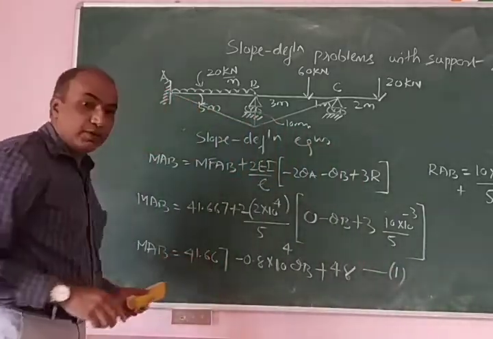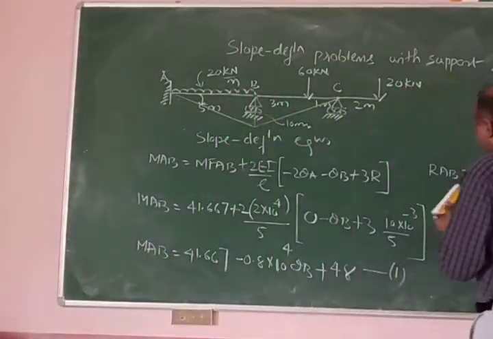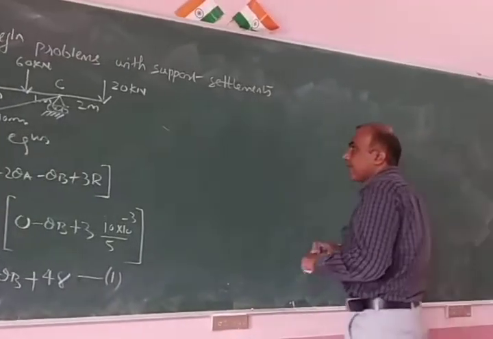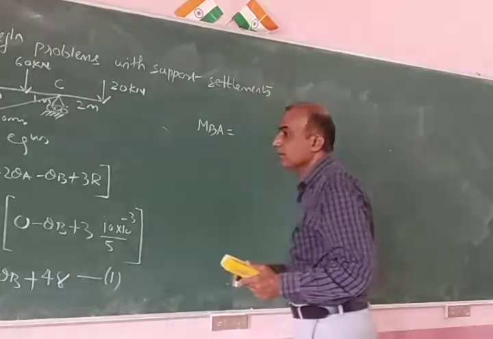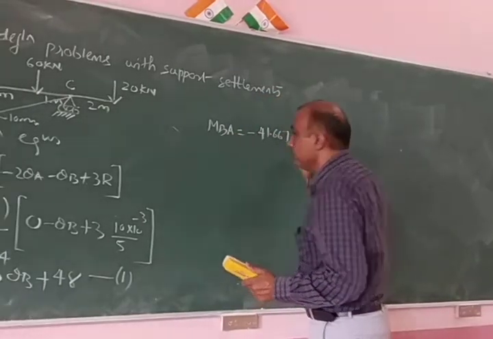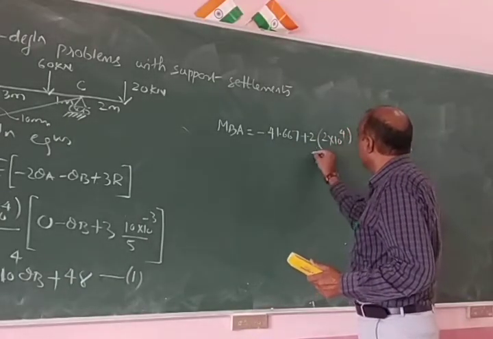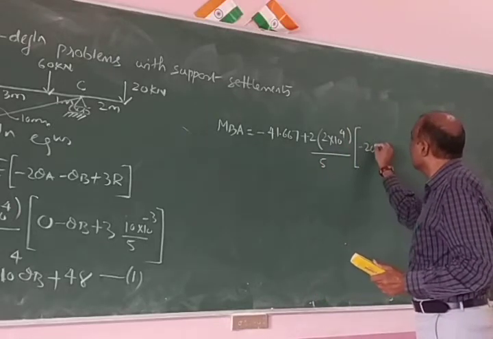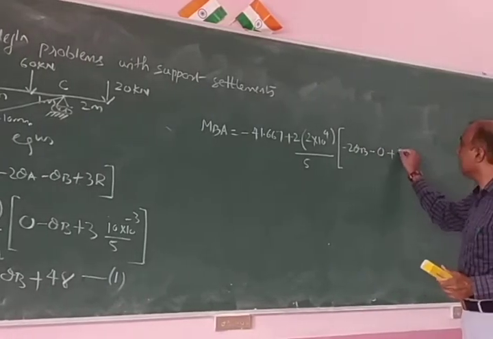Similarly, I am going to write down the equation MBA. MBA will be MFBA, which is minus 41.667 plus 2EI, 2 into 10 to the power 4 upon L of BA, or L of BA is 5, minus 2 theta B minus theta A, 0, plus 3R.